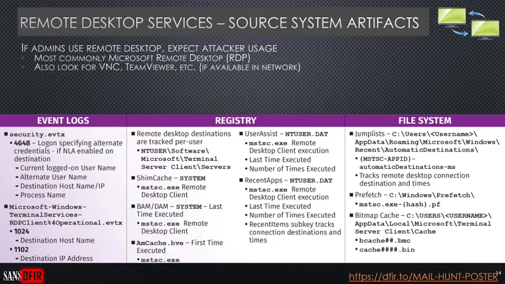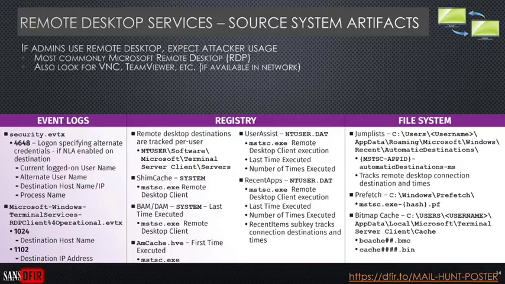But since RDP is a GUI level application, you'll usually see this from system A to system B. Notice on the file system, we also get some really interesting artifacts from the jump list, the prefetch, and the bitmap cache, where you're able to pull out different things that were drawn on the screen as a result of the remote desktop session.